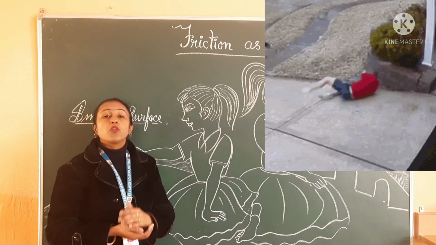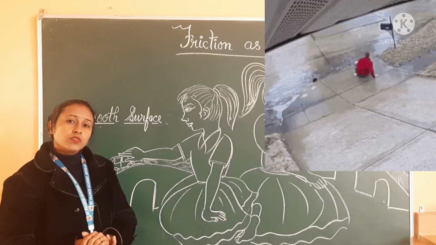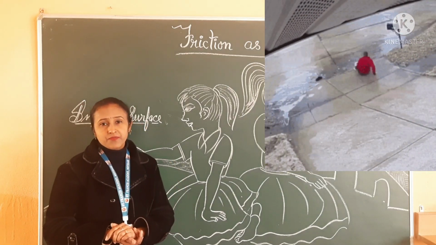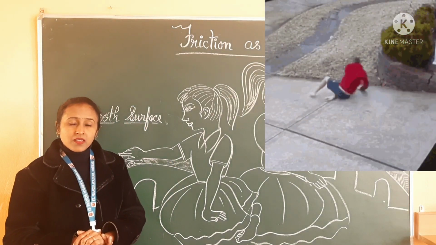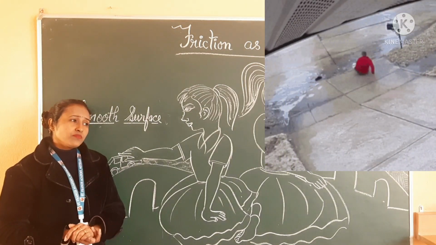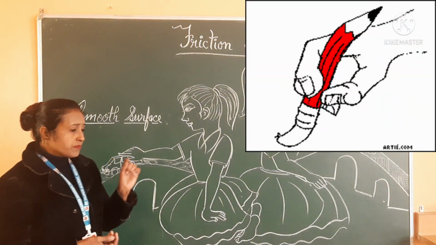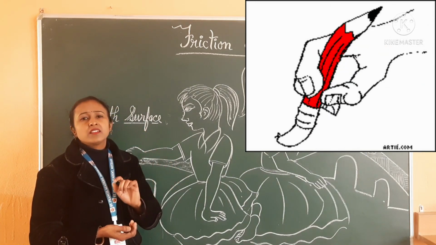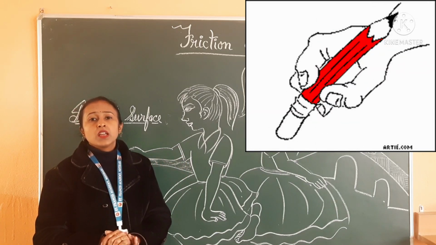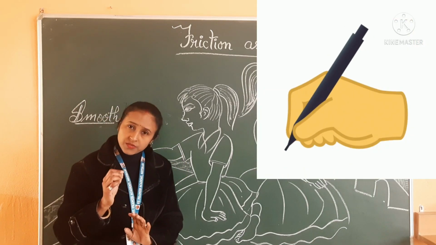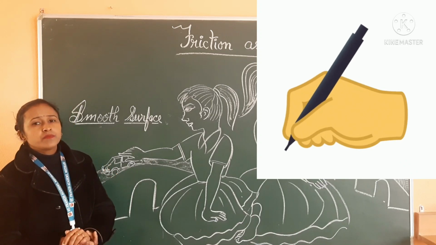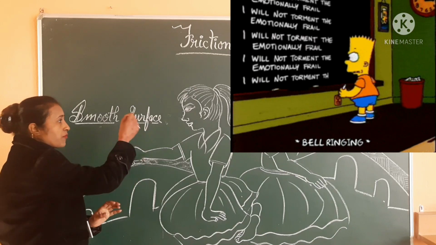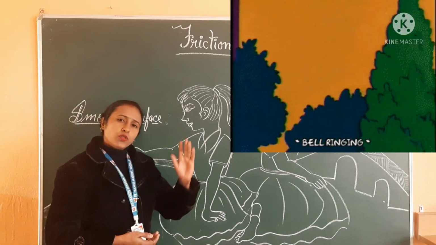And sometimes we have problems walking because at that place the friction is very high. Also, whenever you write on a copy or on the blackboard, because of friction we are able to write.